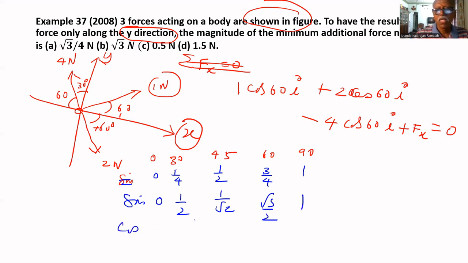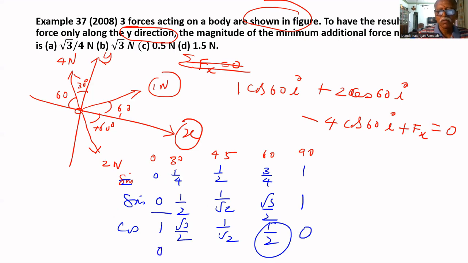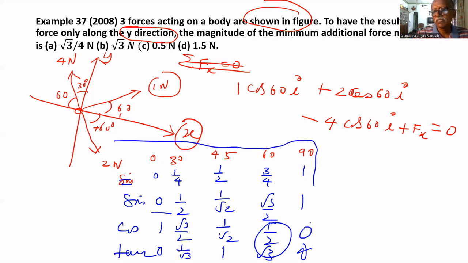Cos is the reverse: 1, root 3 by 2, 1 by root 2, 1 by 2, so cos 60 is 1 by 2. For tan we have to find the ratio of these: 0, 1 by root 3, 1, root 3, infinity. Please memorize this.